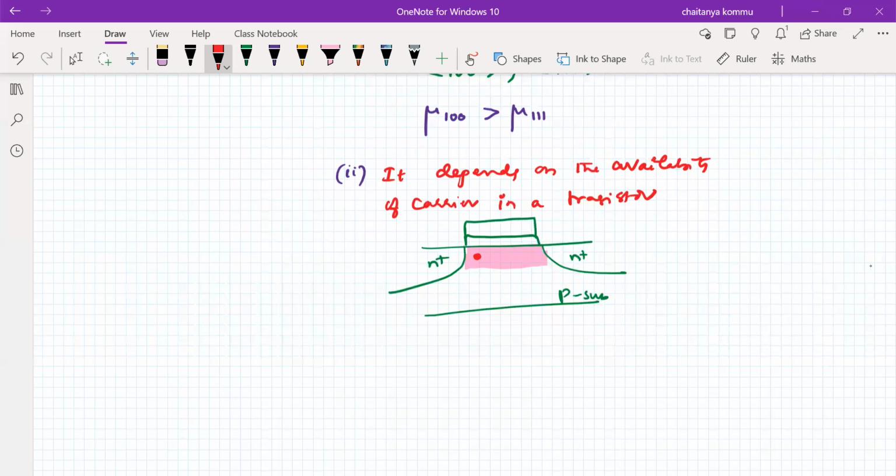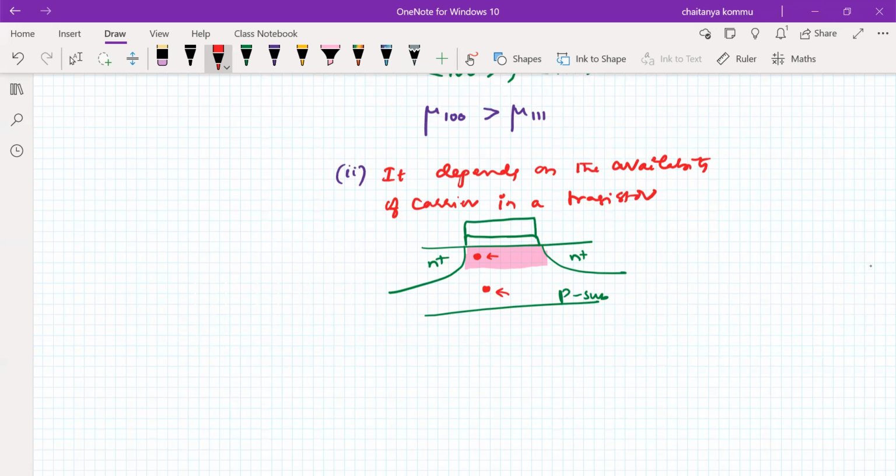The carrier is available in the channel, and the carrier is also available in the bulk. For example, the electron available in the bulk and the electron available in the channel have different mobilities.